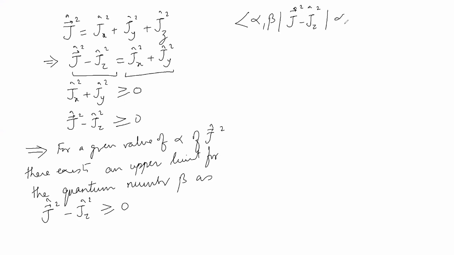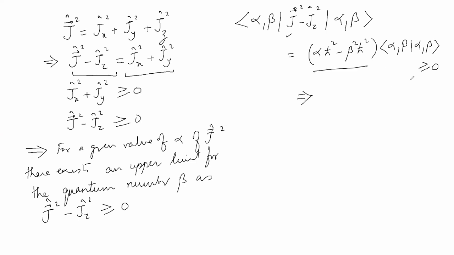This simply implies that if we evaluate between the eigenstates |alpha, beta>, J square operating on |alpha, beta> gives us alpha h cross square, and Jz square operating on |alpha, beta> gives us beta square h cross square. Then <alpha, beta|...|alpha, beta> should be a positive definite quantity.